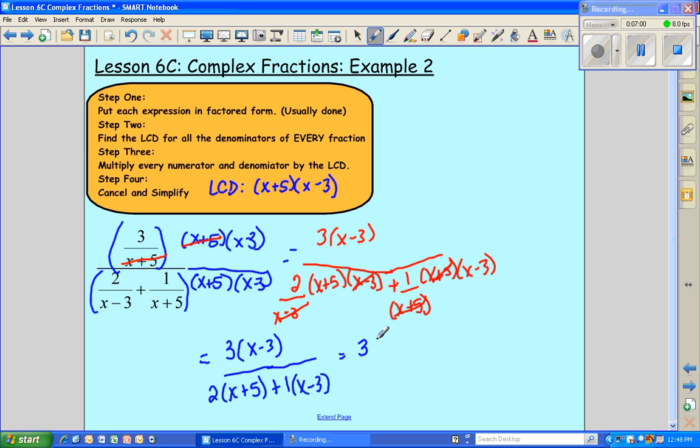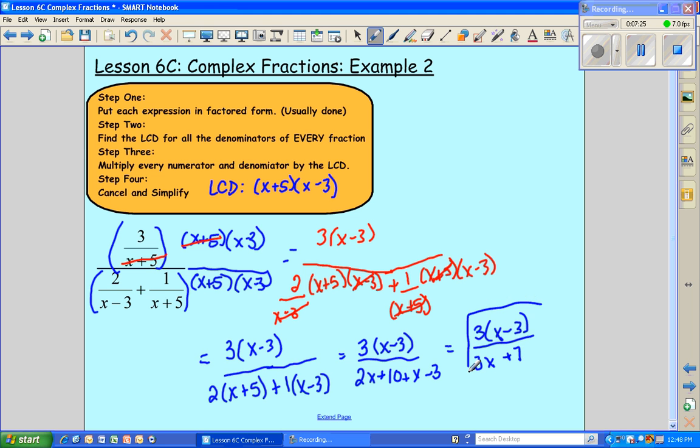So we have 3x minus 3 on top. And then what we have on the bottom is 2x plus 10 plus x minus 3, giving us an answer of 3 times x minus 3 over 3x plus 7.